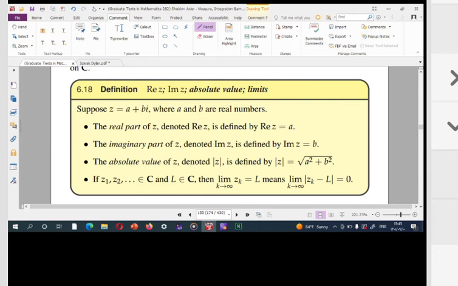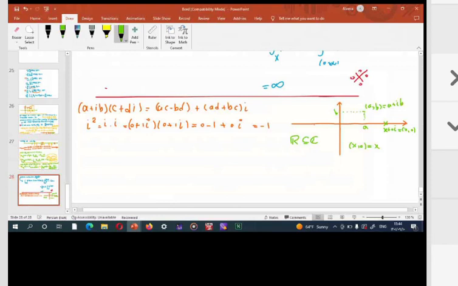so that the absolute value of z, if we consider this as z, is the distance of z to the origin.